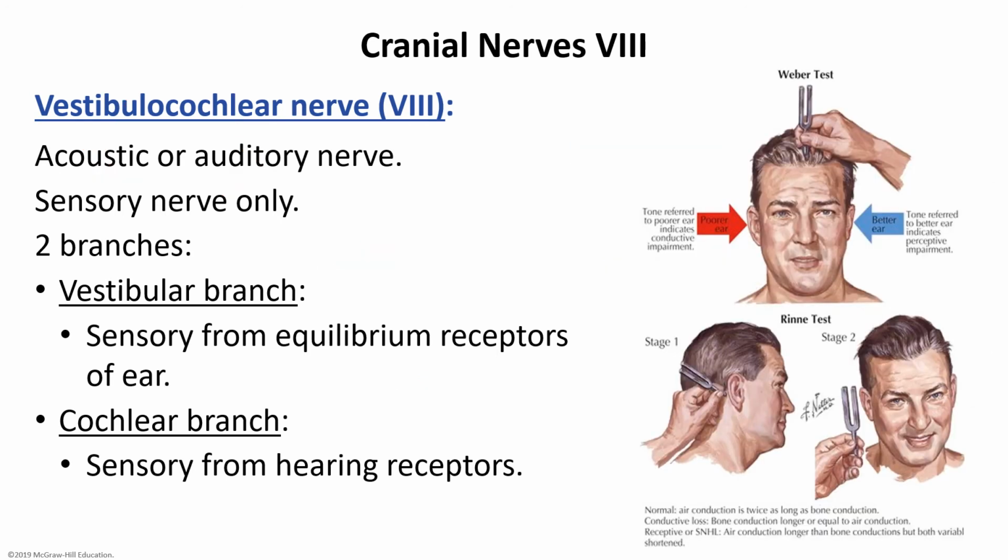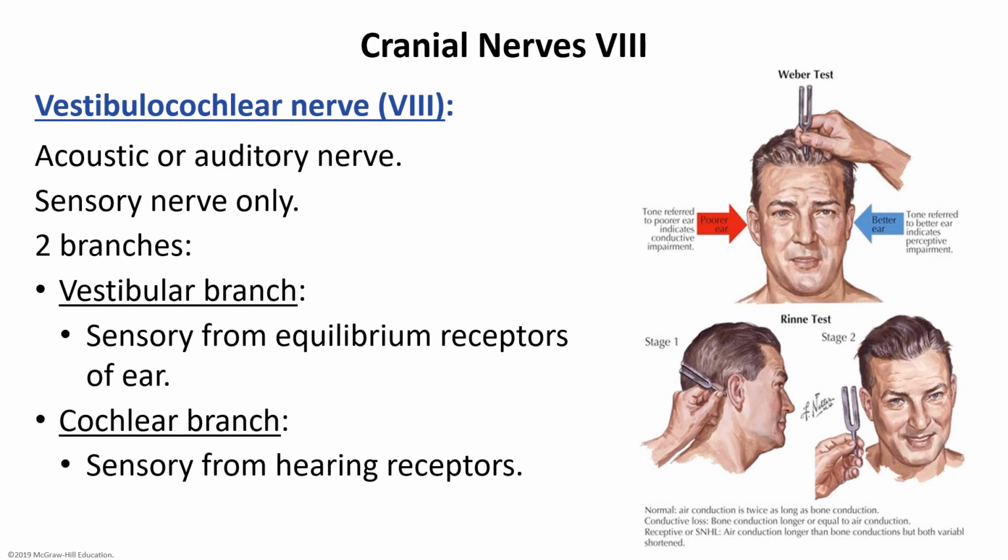Now, the two main tests are called Weber and Rinne. The Weber test is you're going to put the tuning fork, both of them use a tuning fork, on the crown of the head, and you're looking to see if it is heard evenly. And then the next test is called the Rinne test.